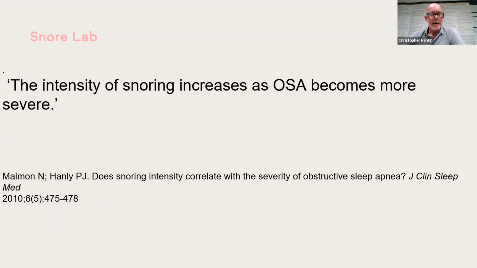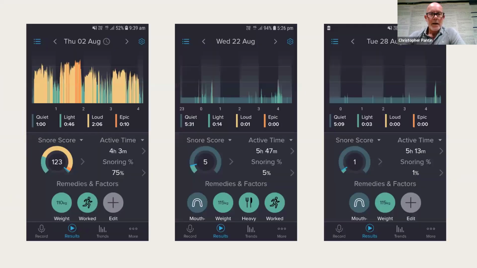Okay. And this is interesting too. So the intensity of snoring does increase as our OSA becomes more severe. So there's more evidence to suggest that snoring probably is a good parameter to measure with some objective feedback. This is an example of SnoreLab. This is in one of my patients from years ago.